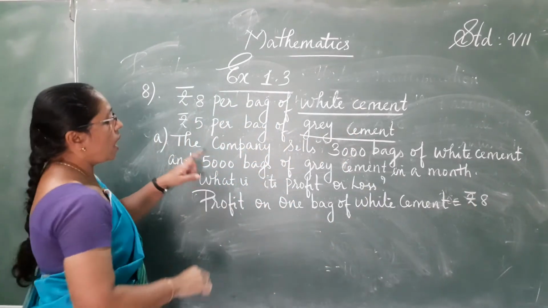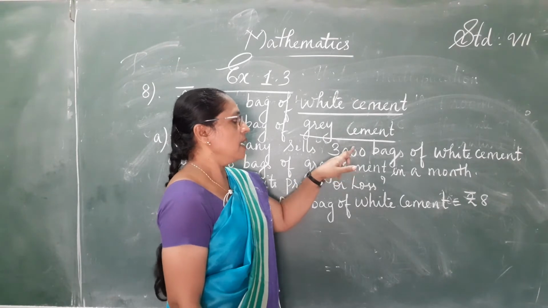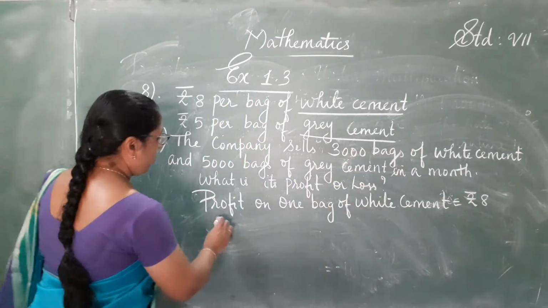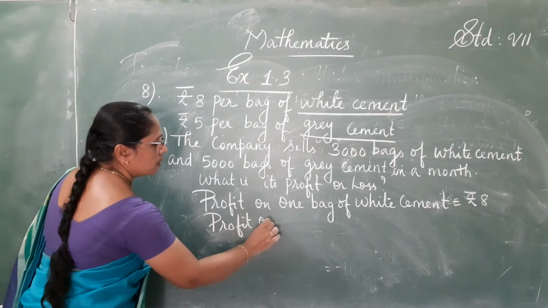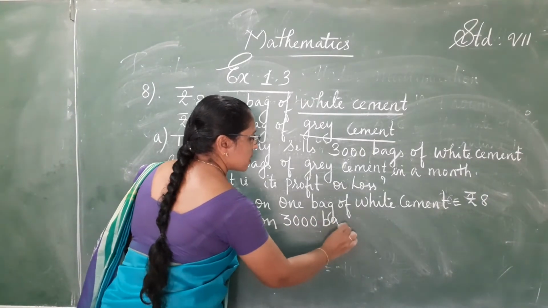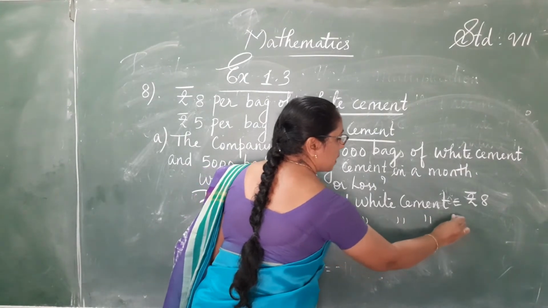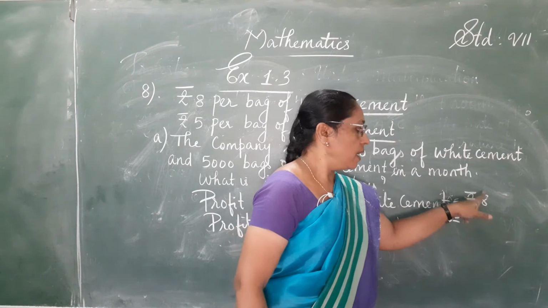Okay. So how many bags of white cement did he sell? He sells 3,000 bags of white cement. So the profit on 3,000 bags of white cement is equal to, on one bag when he sells, he gets 8 rupees.